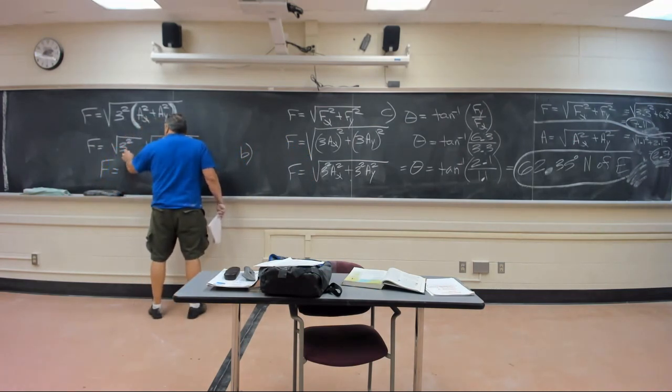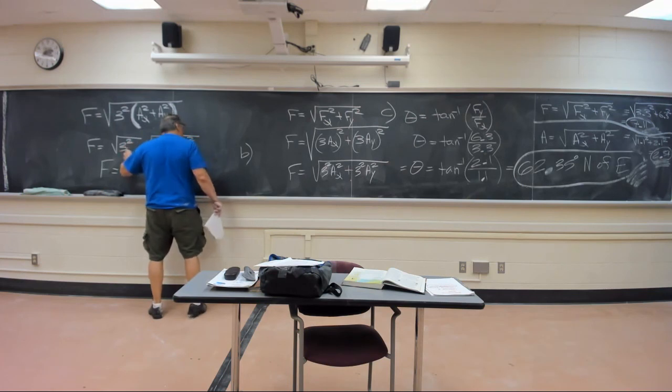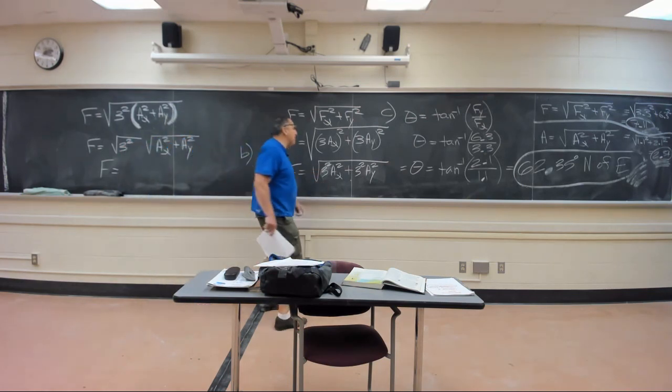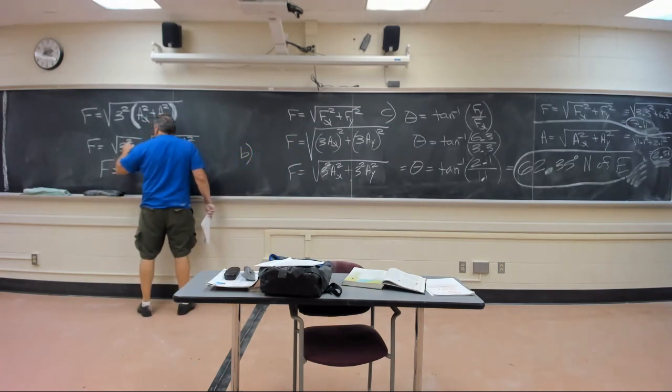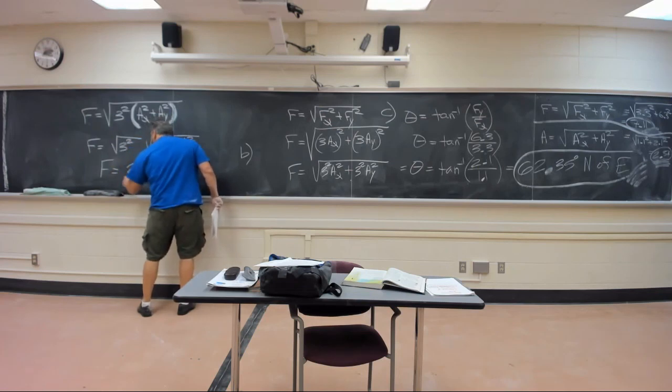Rather than a 3, I could have put an M, but I put a 3. M squared, all of that square rooted, is just m, right back here.